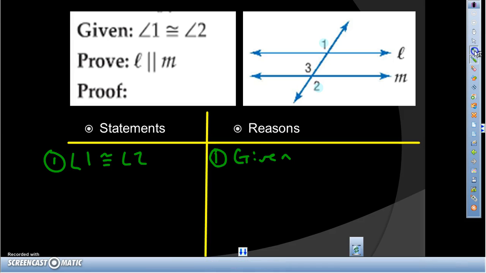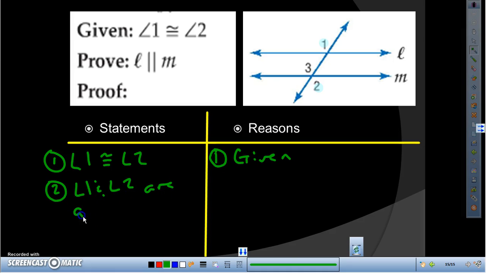Okay? So the relationship that exists here is that angle 1 and angle 2 are alternate exterior angles, which is the same statement that I started with before, but now I'm in a two-column proof format.